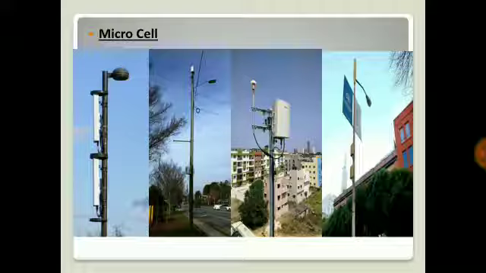There are different types of small cells such as picocells, femtocells and microcells. The main difference between them is the range of coverage they provide. Mostly microcells are used outdoors, whereas femtocells and picocells are utilized in buildings.